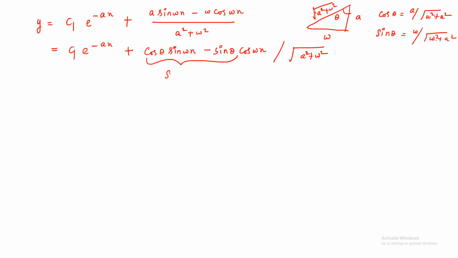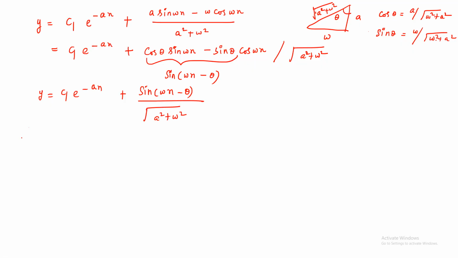So this will become sine of omega x minus theta. Okay, C1 e power minus Ax plus sine of omega x minus theta by root of A square plus omega square.